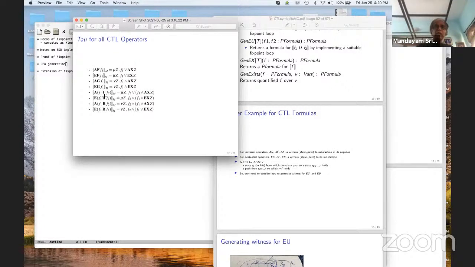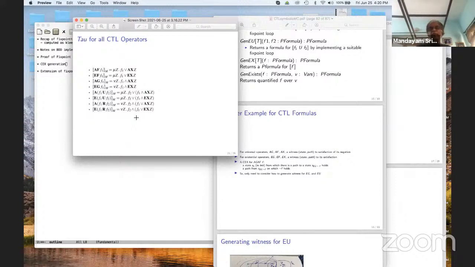understand. We went through EU, AU, and EG. Try and understand thoroughly AR and ER. Although they can be expressed in terms of negation of AU and EU, understanding this as a greatest fixed point would be quite instructive.